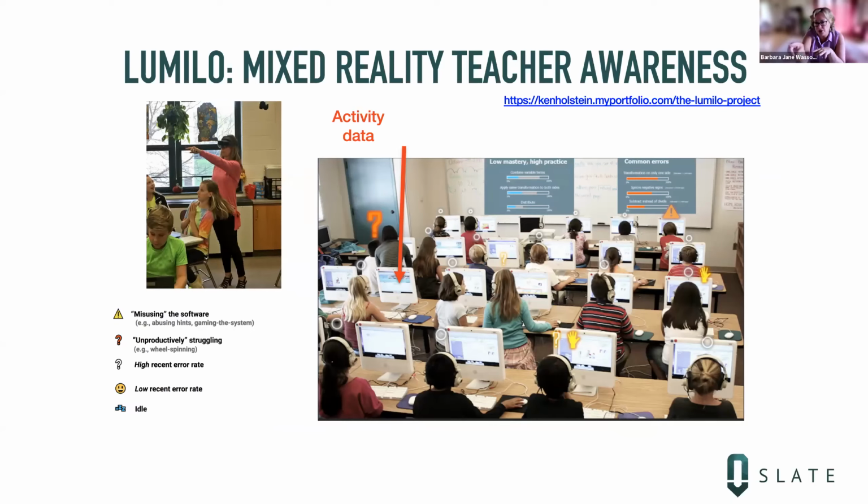If they're doing something they shouldn't be, you can see the little triangle over the little boy in the front. Then maybe a teacher wants to check what they're doing, and they see other visualizations about how they're progressing towards mastery of different practices, what errors are coming up, and so on. Just by having these glasses on, the teacher can look out and get an idea of how the students are doing. It's hard in a big class when you don't know which student you should help. And you can get both individual student and class level information. So I say you should go look at this project. It's really, really fun.